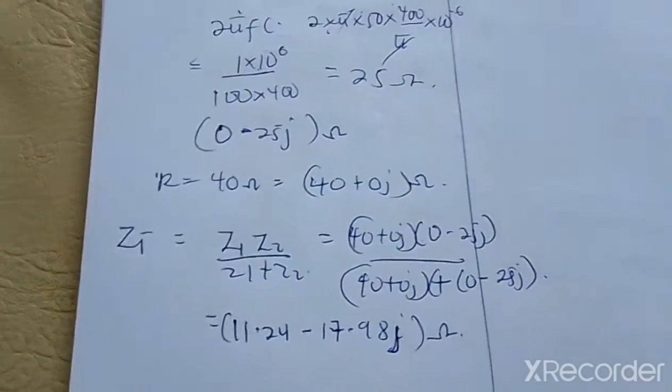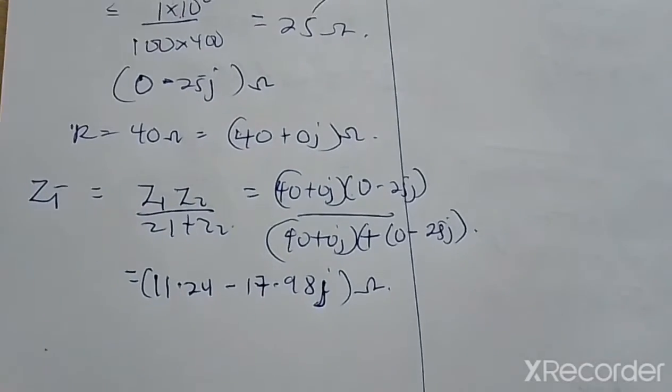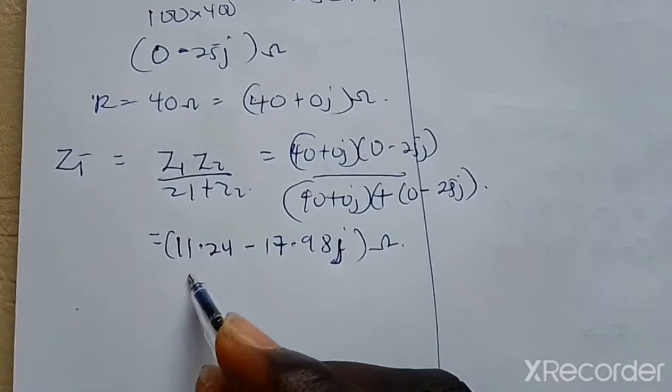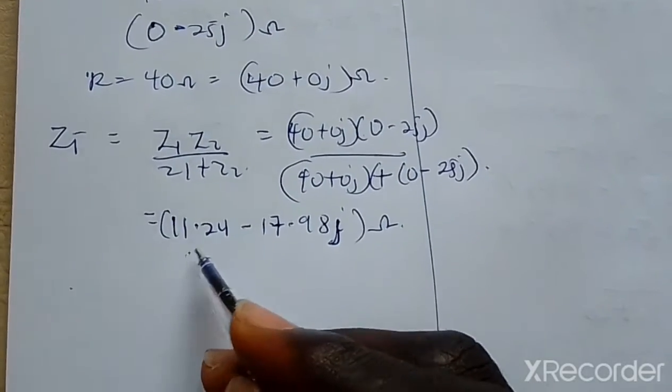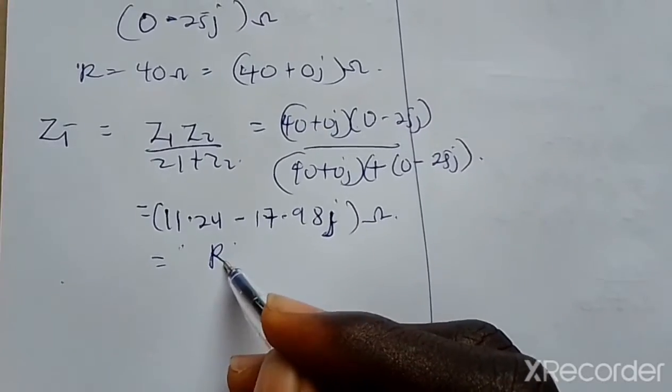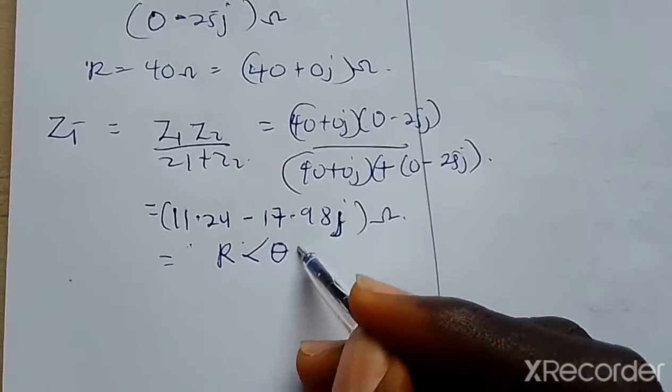But now, in order to make a division in complex notation, this has to be in the magnitude and angle mode, the argument.